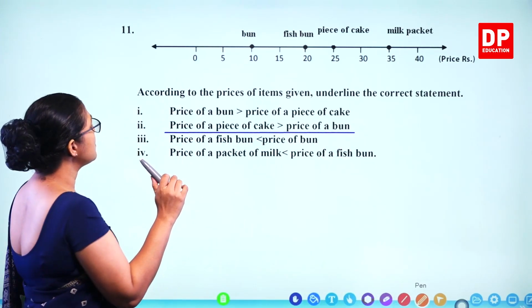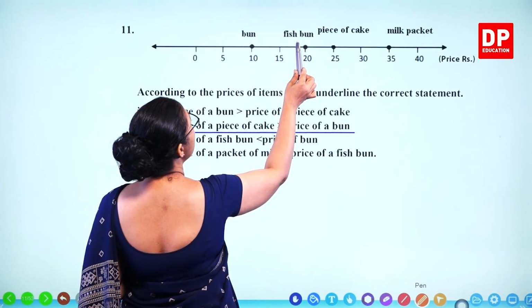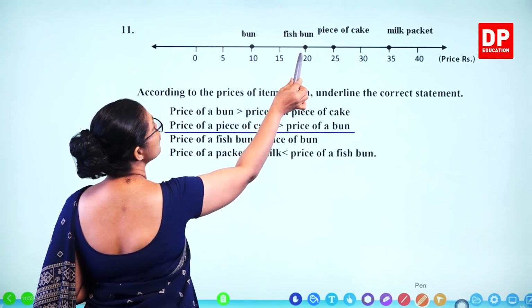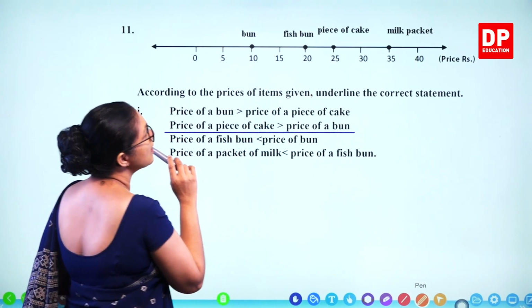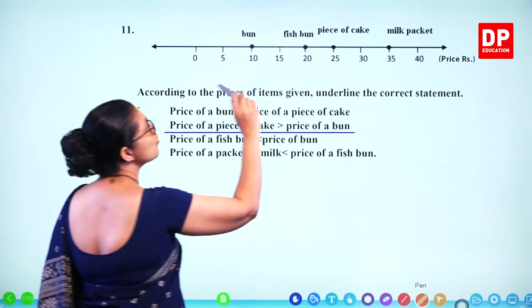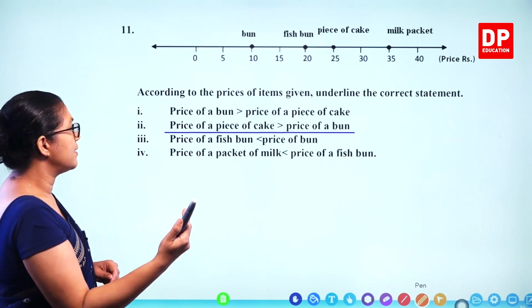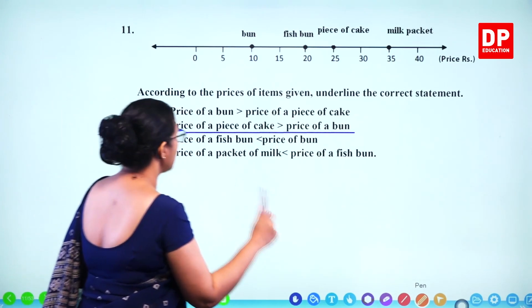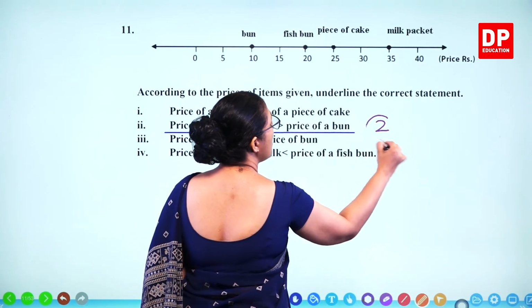Let's see the other one, price of fish bun and price of bun. So that's greater, not less. Price of a packet of milk here is less than price of fish bun. That's wrong. A number to the right side is always greater. So only second one is correct. You get 2 marks.